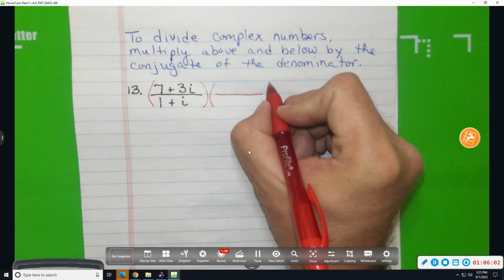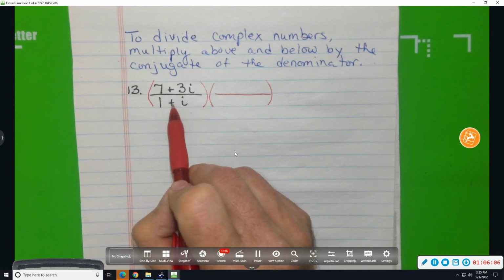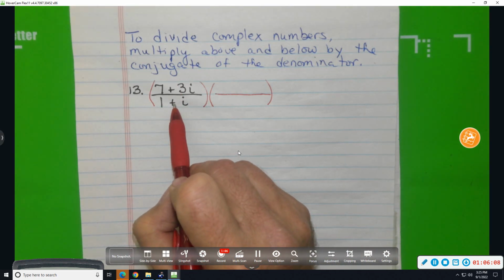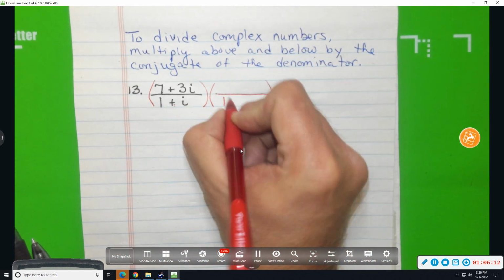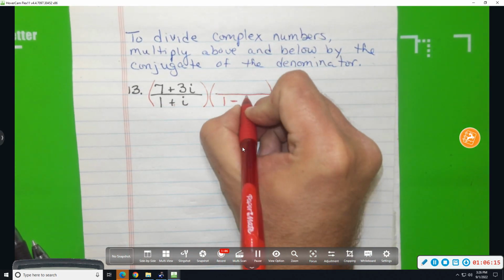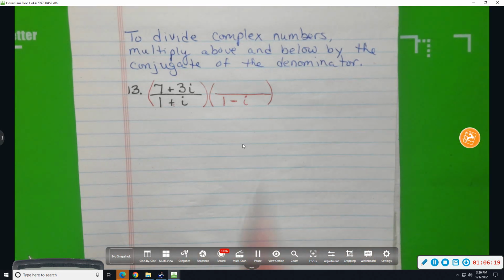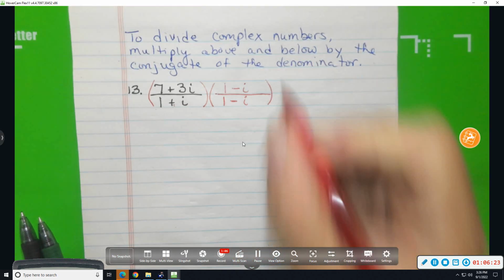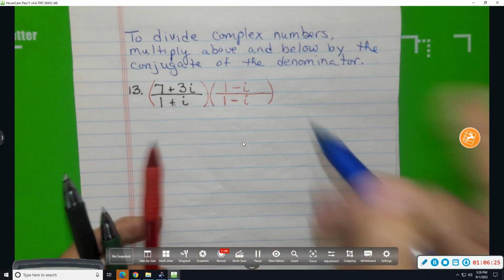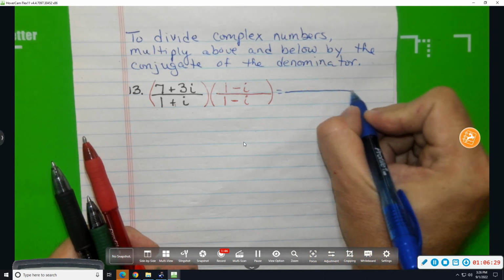Now, what is the conjugate of the denominator? 1 minus i. You change that middle term. Don't change any other sign. Just change that middle sign, I should have said. So 1 minus i. Multiply above and below by that. And you're going to have to FOIL twice.